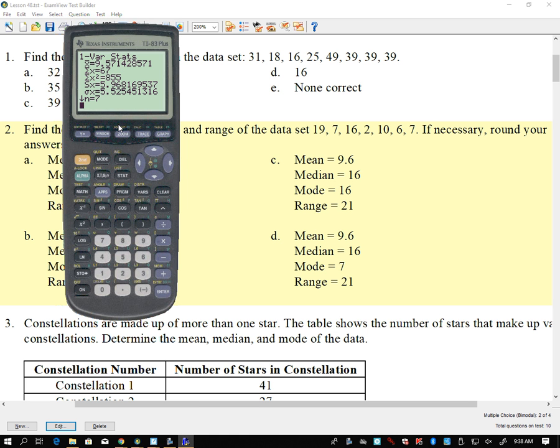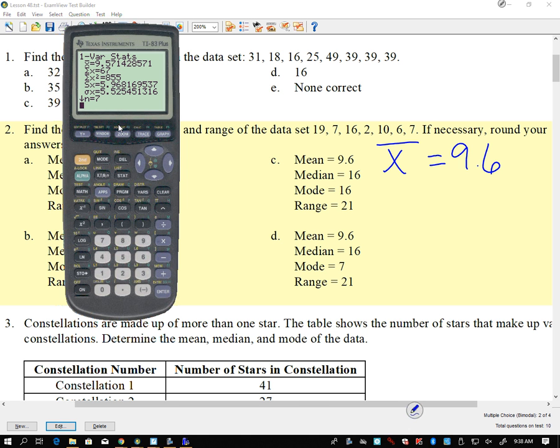I got a whole bunch of numbers there, right? Is the mean 67? Is it 855? Is it 5.9? Is it 5.5? It's 9.6. How do I know? Because the mean is the number next to x with the line over it, right?